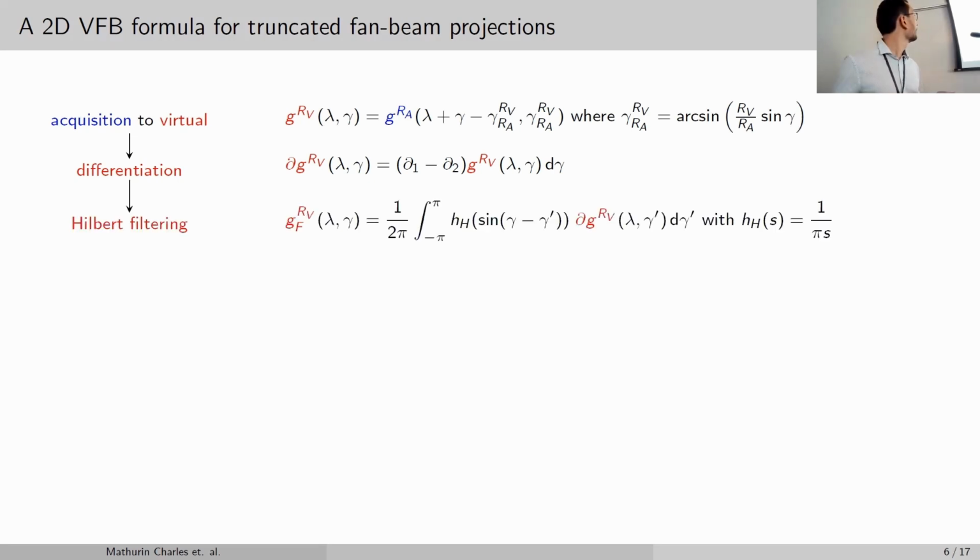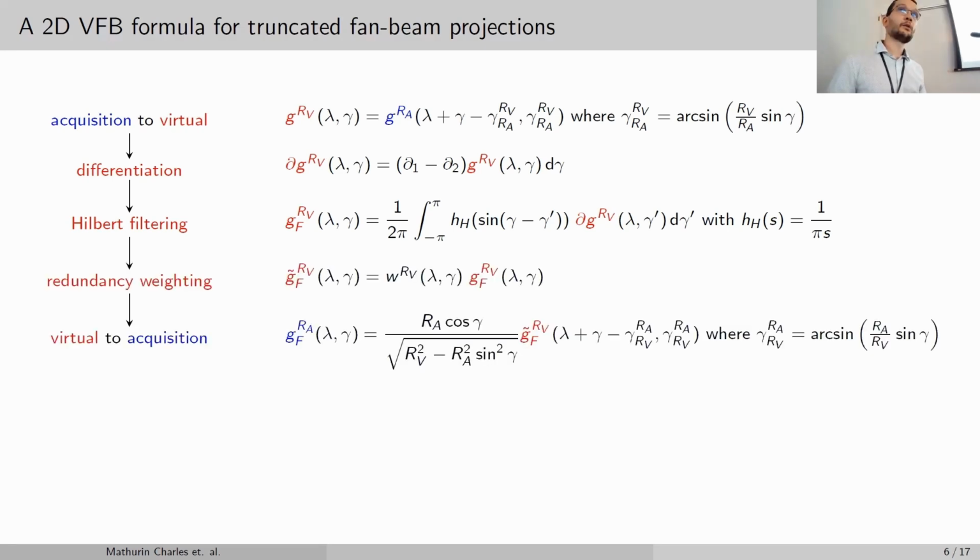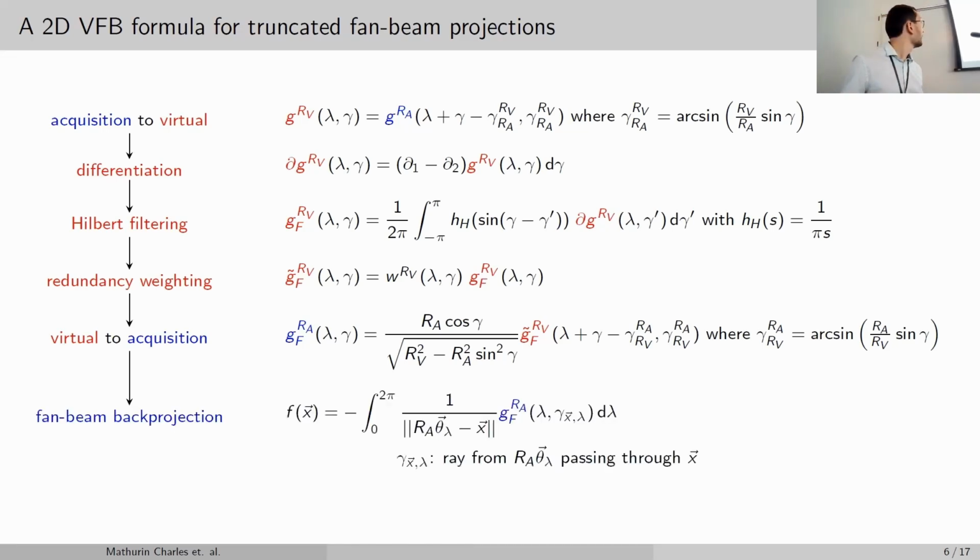This step is important because it is the one which requires no truncation, so it is the one we cannot perform in the acquisition geometry. Then we go back to the acquisition geometry once we have filtered our data. And finally, we perform the fan beam back projection to obtain our reconstruction.